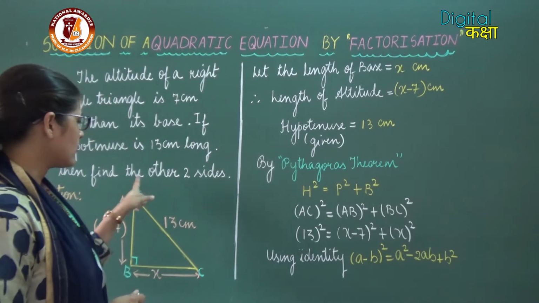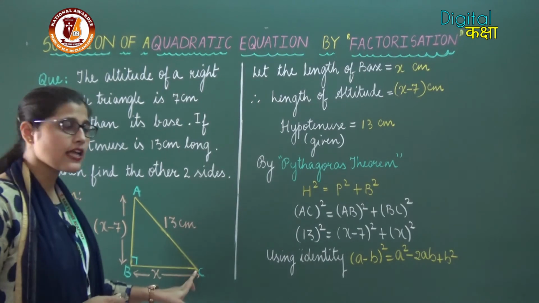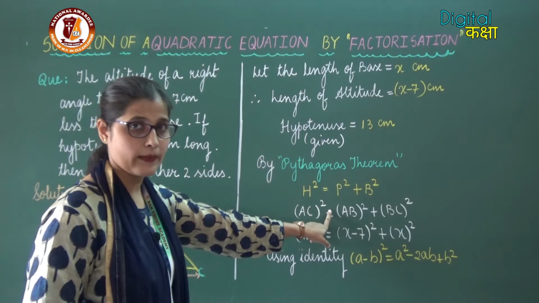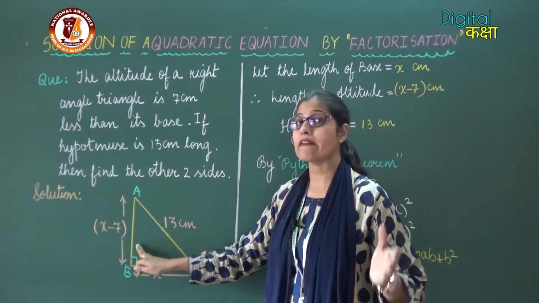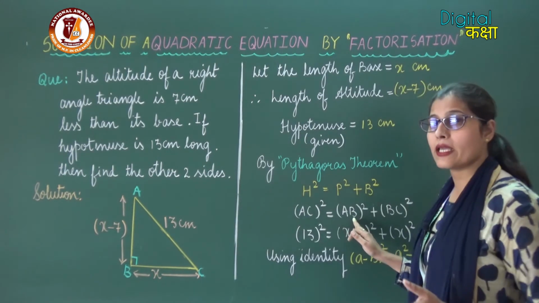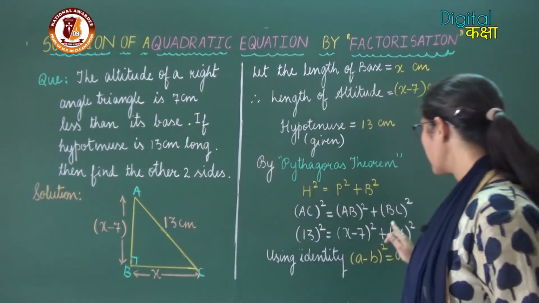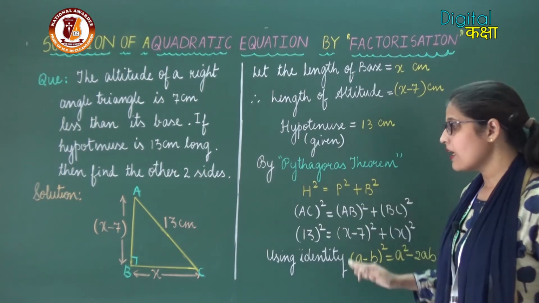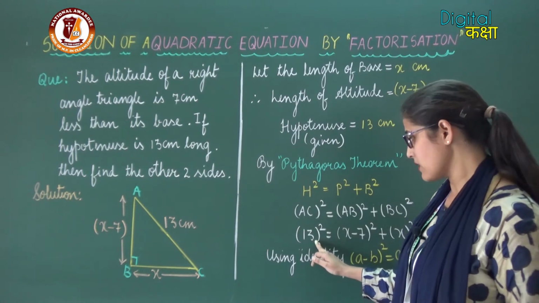As you can see, in triangle ABC, right angle at B, AC is the hypotenuse. So in place of hypotenuse, we will write AC whole square. As AB is the altitude of the given right angled triangle, in place of perpendicular we will write AB whole square, plus the base is BC, therefore we will write BC whole square in place of base. Now the value of hypotenuse, which is AC, is equal to 13.